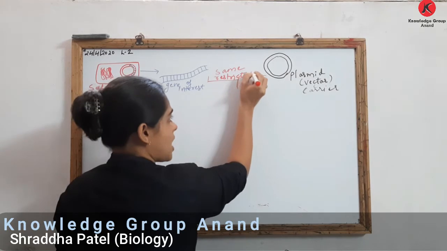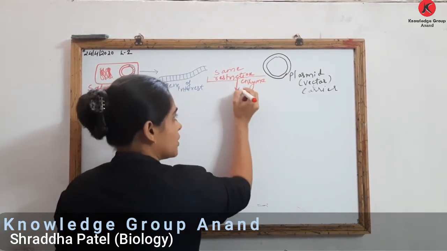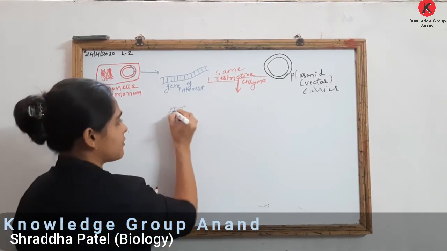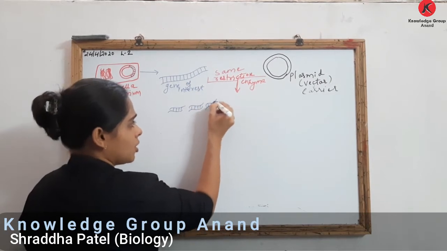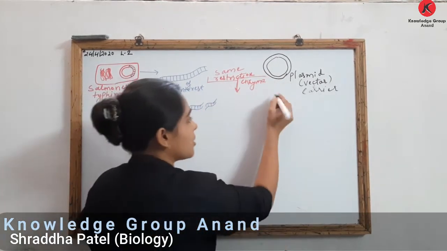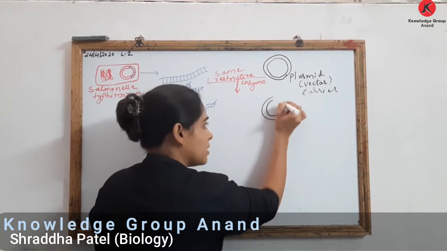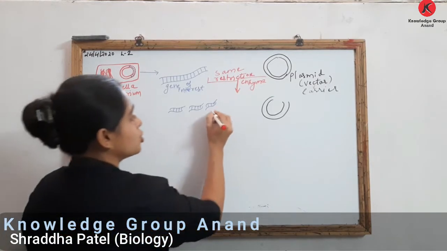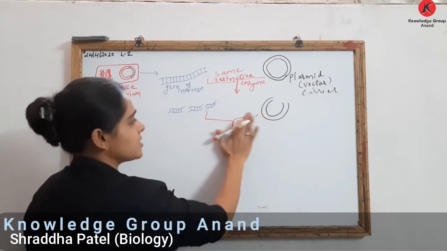Restriction enzymes are also called molecular scissors. So what happens? There will be fragments over here, yes or no? Yes, as well as there will be fragments over here.